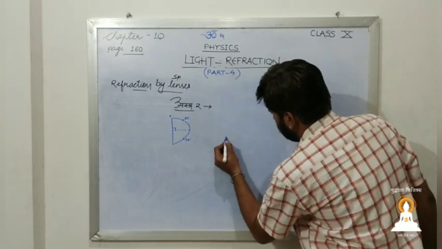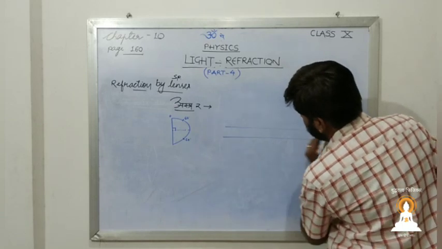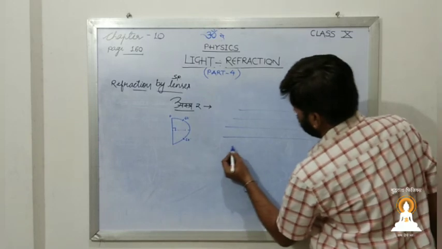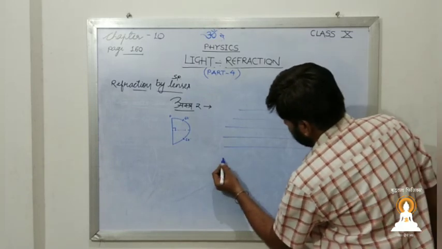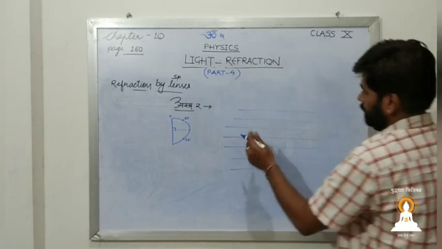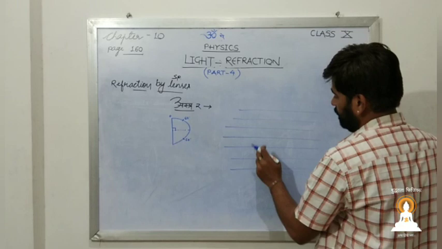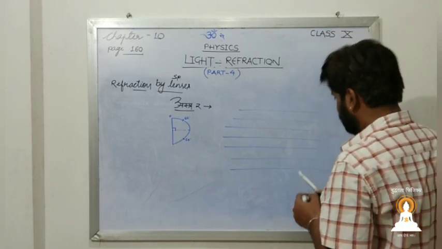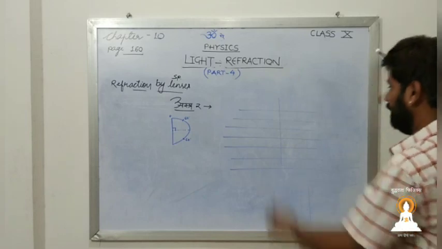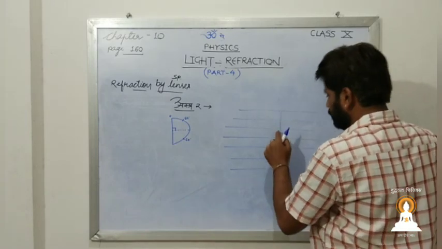Now take ruled lines, 1 line, 2 line, 3 line, as we have done in the case of concave mirror and convex mirror. This is the main line 1, 2, 3 up, and this is the main line 1, 2, 3 down. The very first thing which we did in our previous session was that we kept a normal, almost a normal.